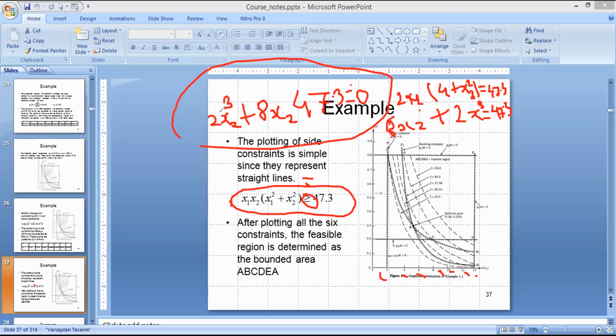So it will be 2x2 cube plus 8x2 plus, here it will be minus 47.3. Is it clear? If you have no doubt in this equation, then we can proceed. Please give your reply in the chat box.